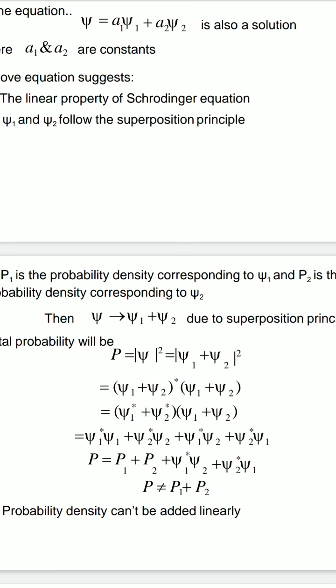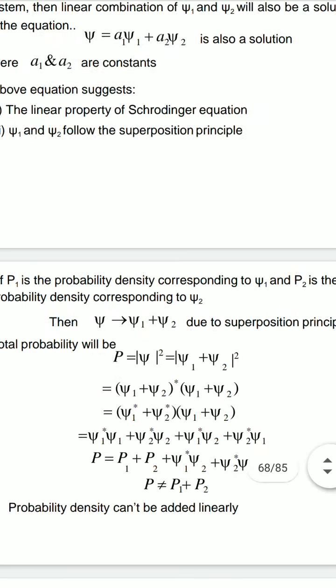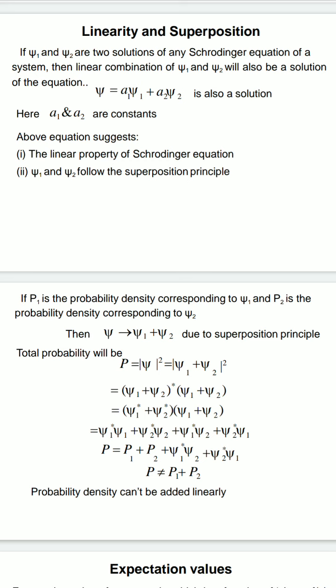If psi is complex, take the complex conjugate psi star and multiply it with psi itself, and you get psi modulus square, which is the probability density of that wave function. For the probability density, the linear property is not there. You cannot say that the probability of psi 1, which is P1, plus the probability of psi 2, which is P2, gives the probability of psi 1 plus psi 2. So that is not linearly dependent.